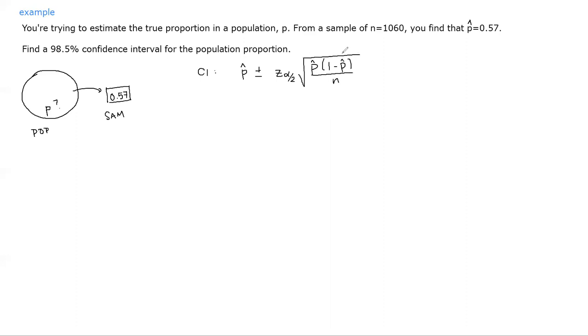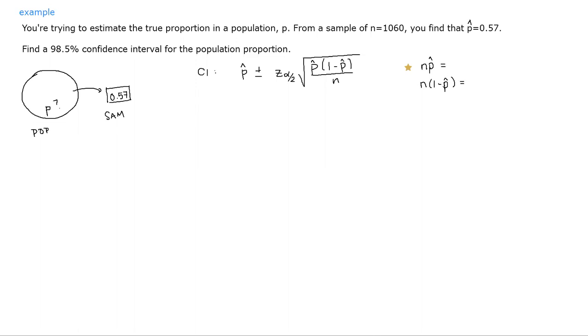But there's a warning here. Remember I said there's usually strings attached, and in this case, those strings attached tell us that we need to make sure that first, n times p hat needs to be larger than 5, and n times 1 minus p hat needs to be larger than 5 as well.